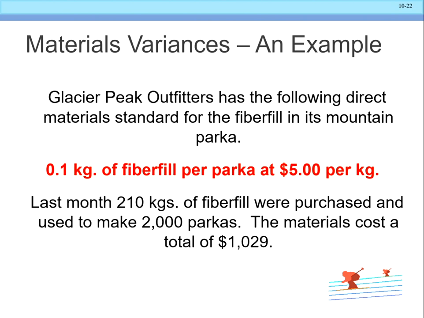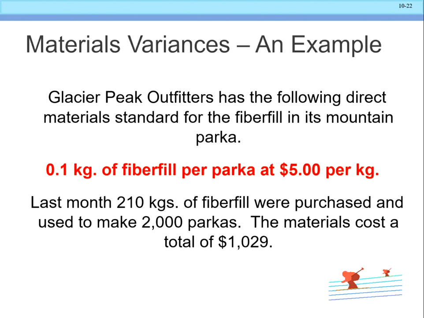According to our plan, we should spend 50 cents per parka and we produce 2,000 parkas, so we multiply 50 cents times 2,000. That should give us 1,000. According to our plan, we should have spent 1,000, but we actually spent 1,029. So there is a difference there of 29.